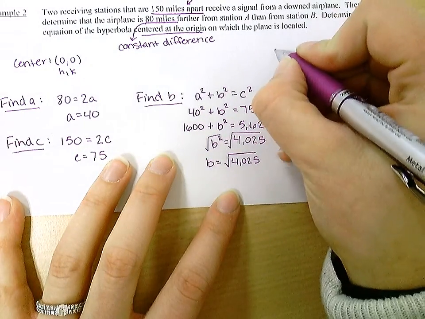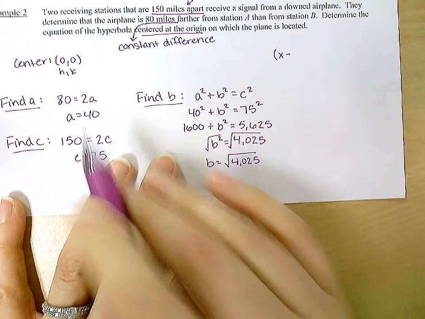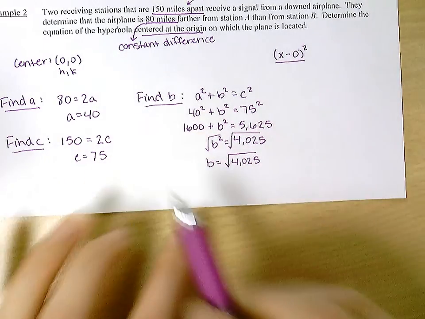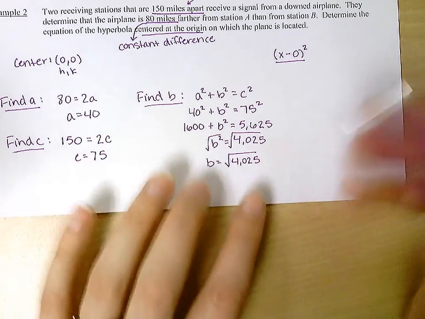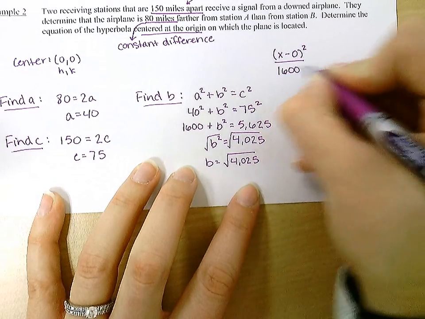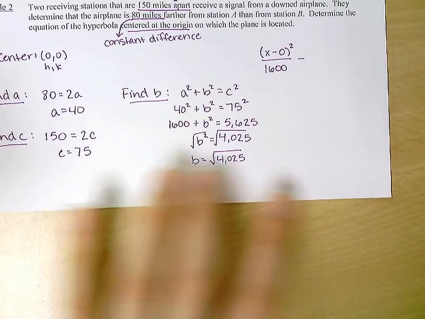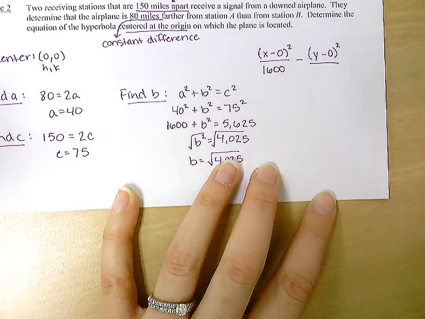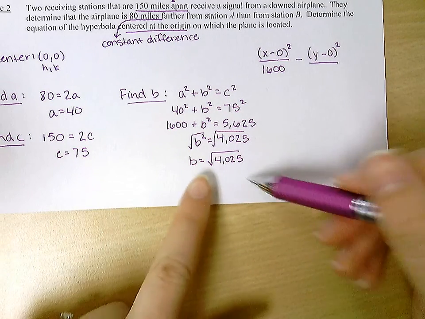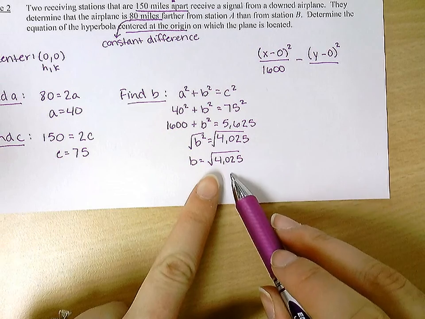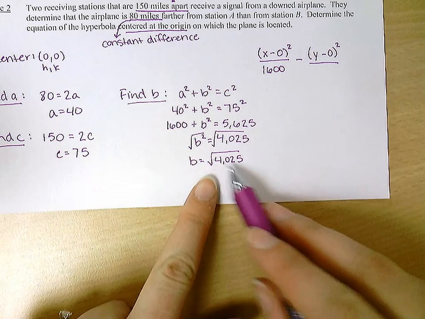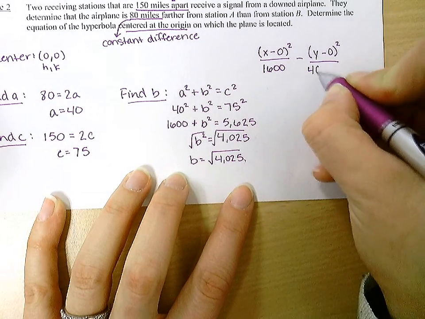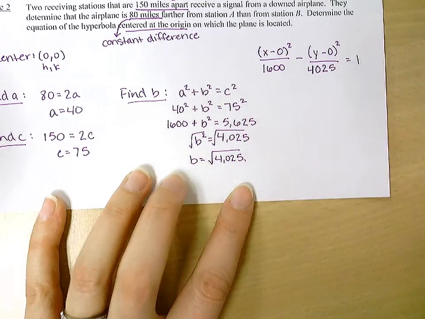So writing out our equation then, we would have x minus our h value, 0, squared over our a value squared, so 40 squared is 1600, minus y minus our k value, 0, that quantity squared, over our b value squared. So I left it as that square root so that when you take that square, it just leaves the number inside. And then that should equal 1.